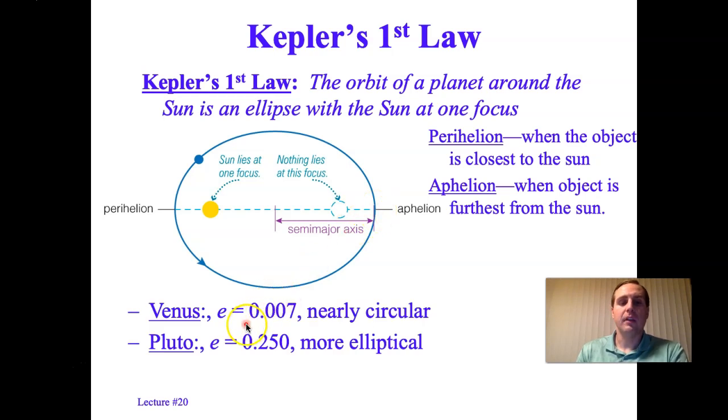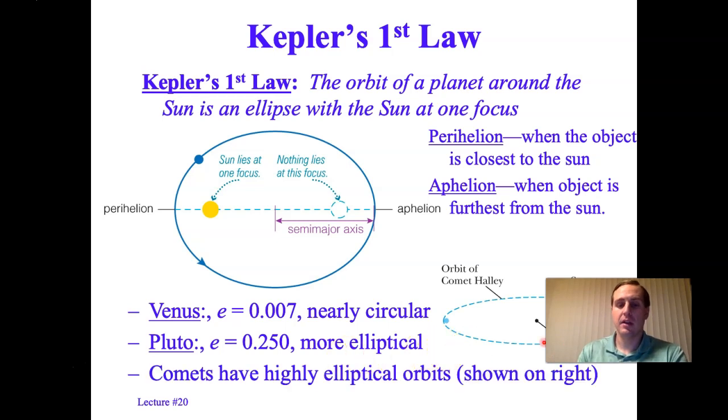Now, let's talk about these eccentricities. So Venus is very nearly circular, 0.007, almost a perfect circle, whereas Pluto is much closer to 0.25 or so for its eccentricity. So it's a very elliptical orbit. Okay.